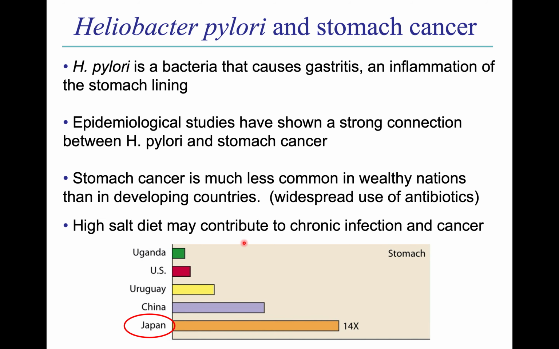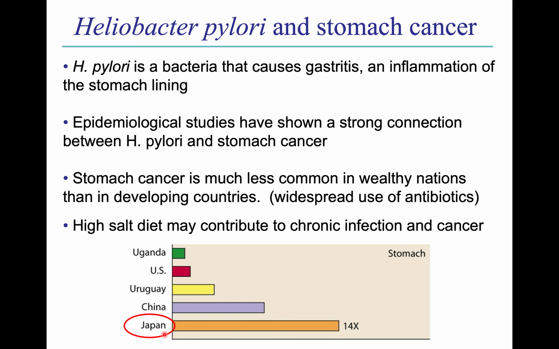There's also some evidence suggesting that diet may contribute to chronic H. pylori infections. And again, this is a case where it would be chronic long-term infection that would really be typically linked to cancer. And so I think this has changed, but traditionally, Japanese diet was very high in salt, like things like miso soup and very salty pickled dishes.